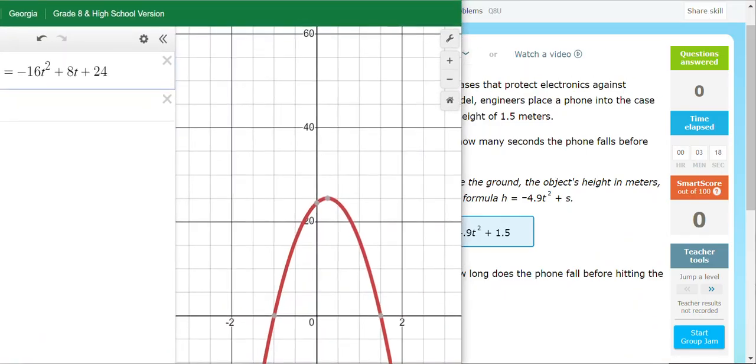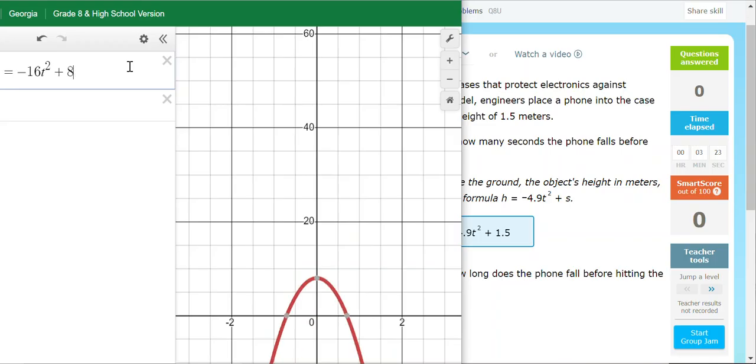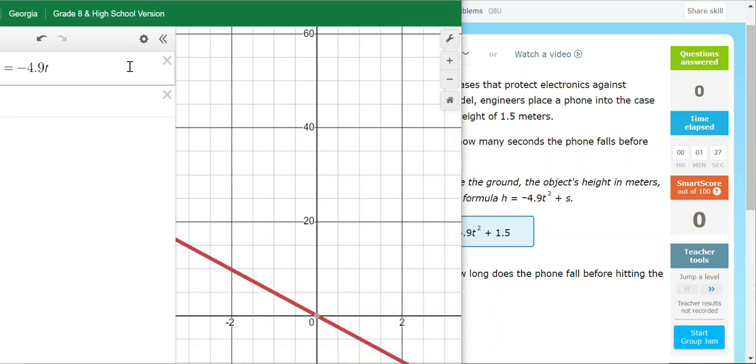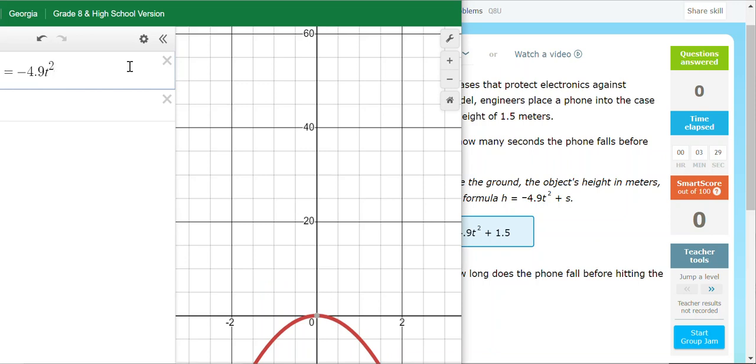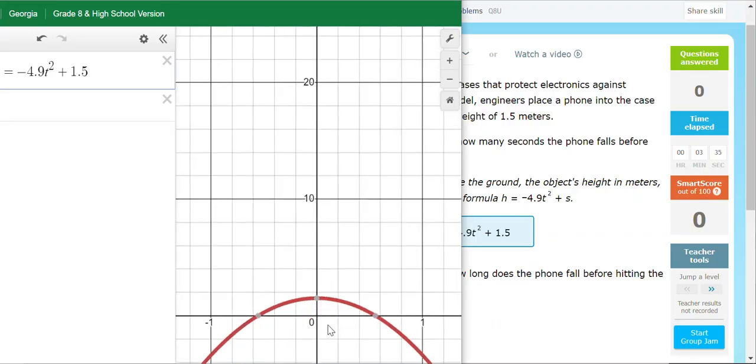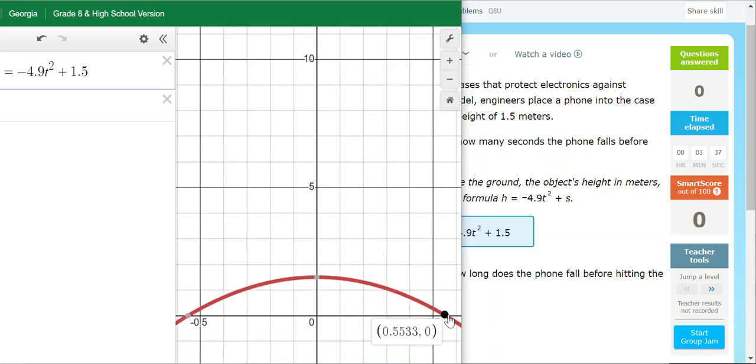Along the sea. 4.9 t squared plus 1.5. Right here hits the ground, so I have to go to 0.